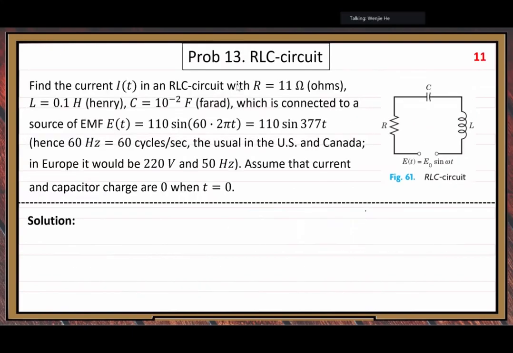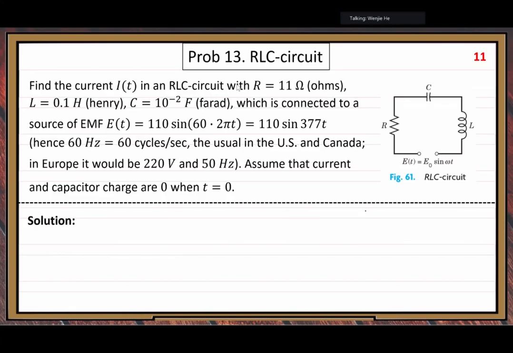Now let's solve a simple application problem, an RLC circuit. Here we just get the specific numbers: the R number, L number, C number, and the E function, a specific E function.